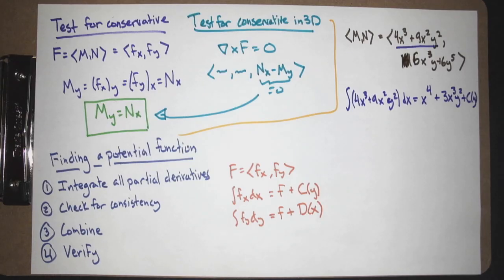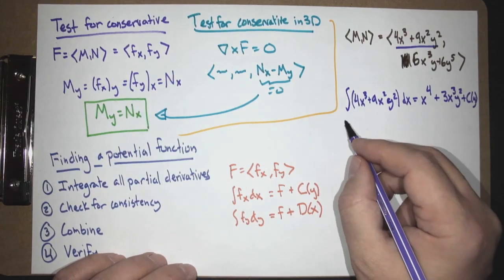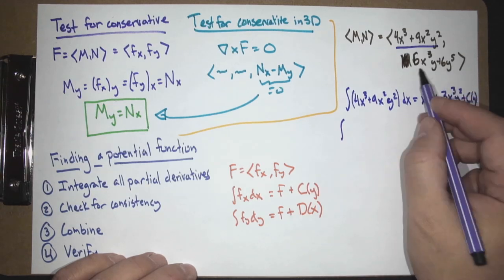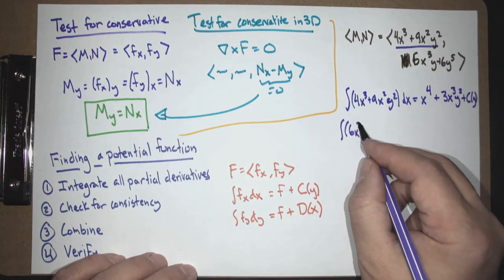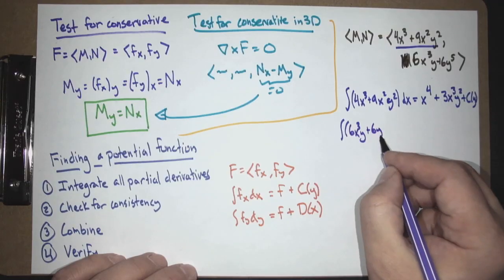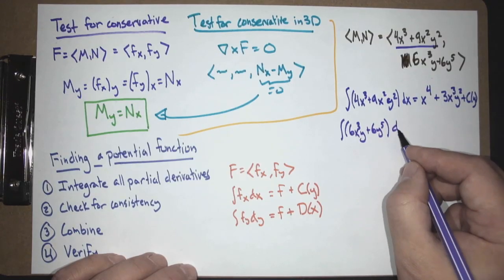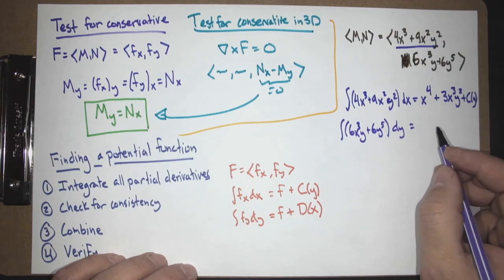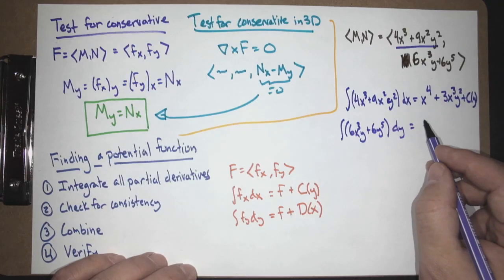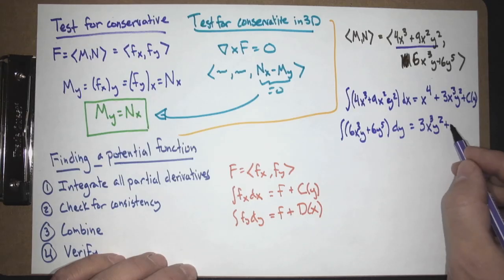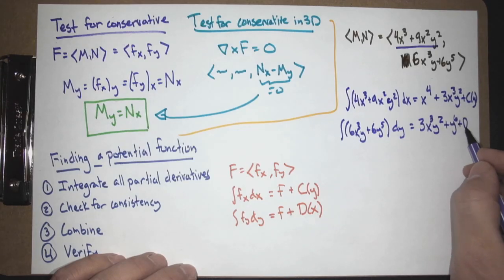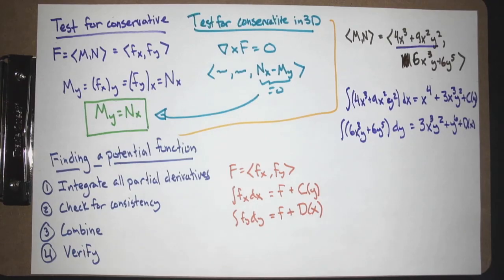The second part. What are we going to integrate this with respect to? Y. Integral of 6x cubed y plus 6y to the fifth dy equals 3x cubed y squared plus y to the 6 plus something that only depends on x.